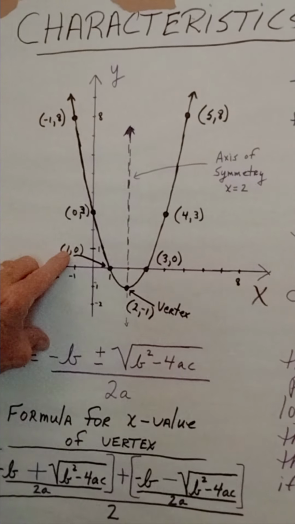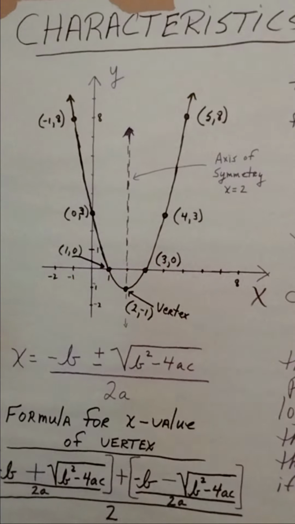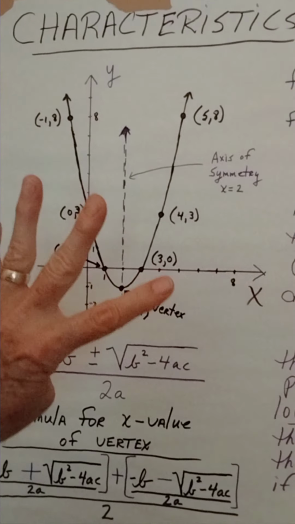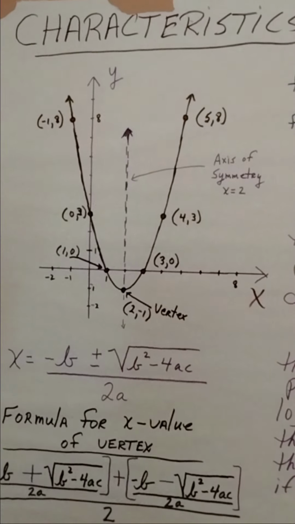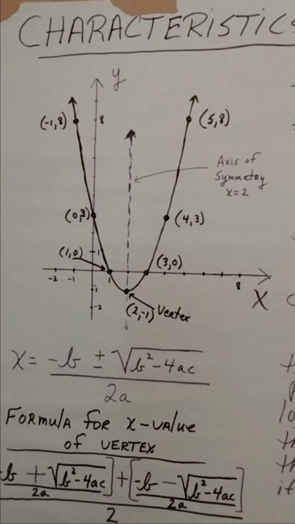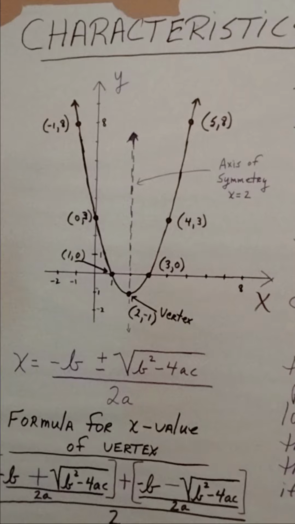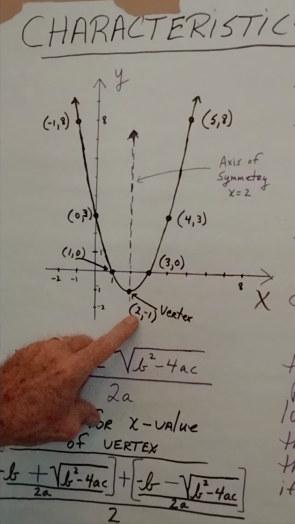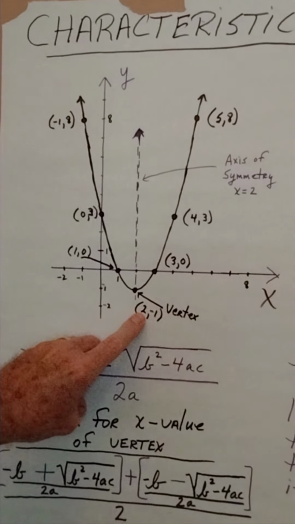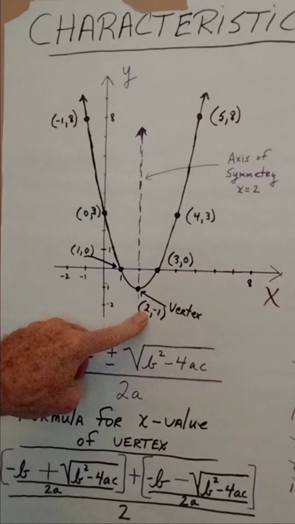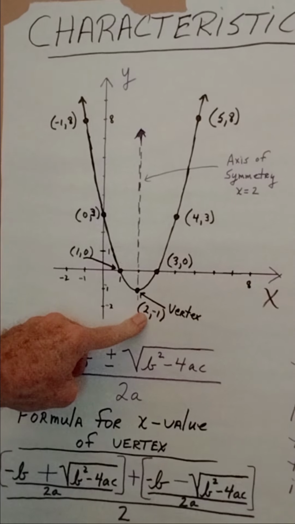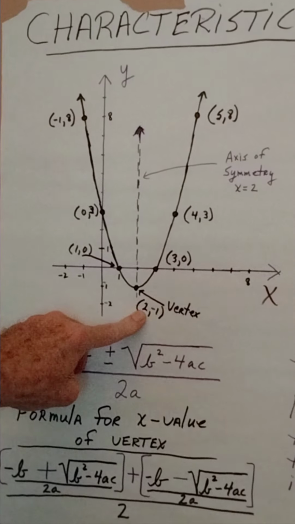One of the numbers was 1, the other number was 3. 1 plus 3 is 4. If we take 4 and we divide it by 2, what do we get? 2. And that 2 just happens to match the x value of the vertex. And we're going to find out in a moment. It might sound coincidental. It is not.